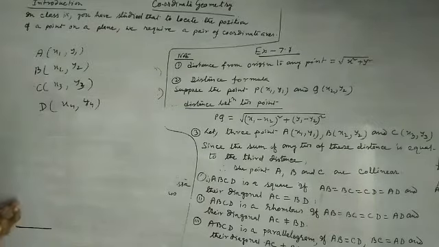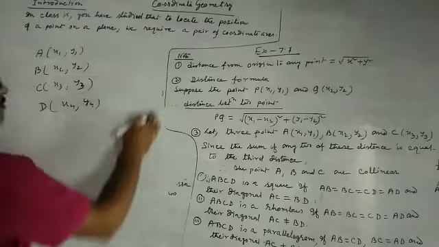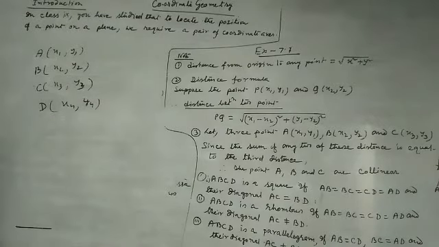We know that these four points make a quadrilateral. Now, what type of quadrilateral it is, we need to find. Suppose four points are given and we are asked to name the quadrilateral. So how to find it?